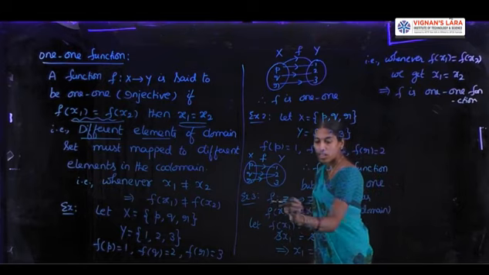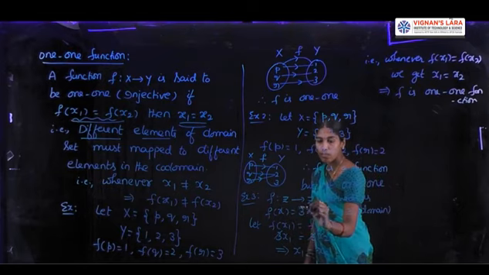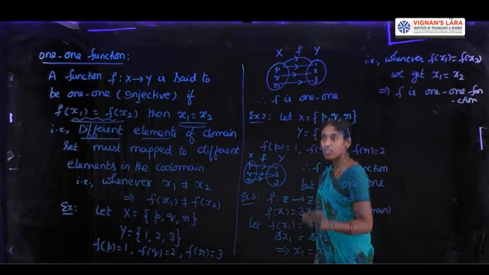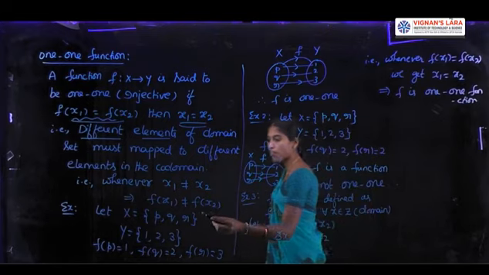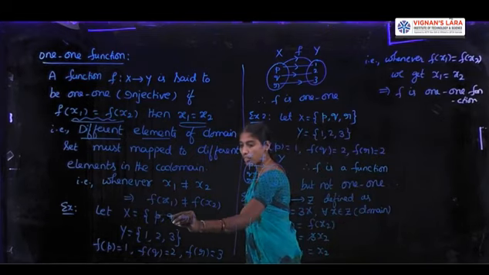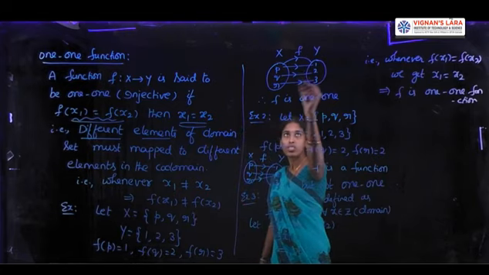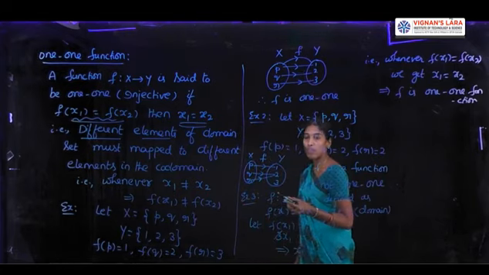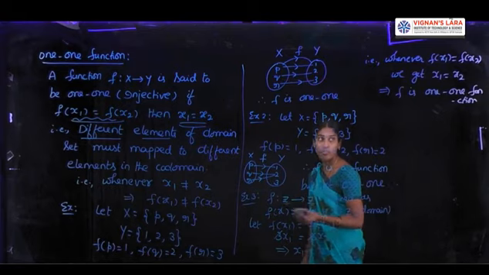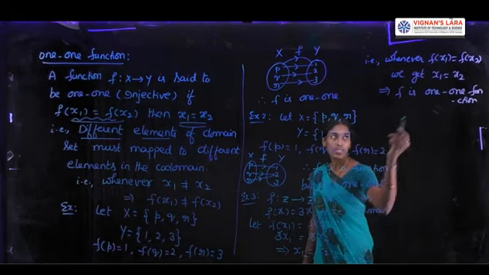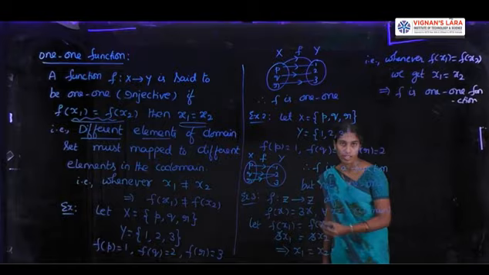So if the function is defined using a definition, we need to prove like this. If the function is defined for finite sets using the set builder form, then we have to use this diagram and we can check whether f is 1-1 or not, right? In this third example, f is a 1-1 function.